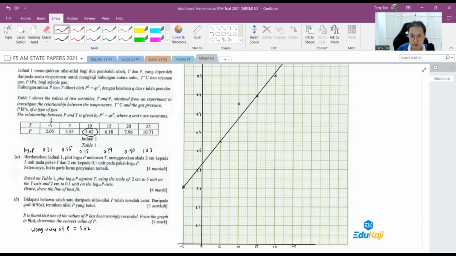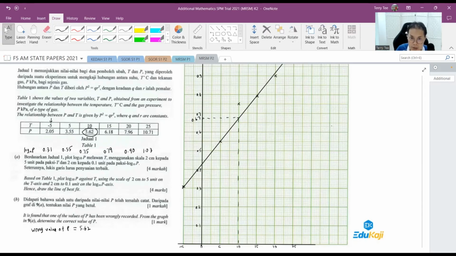Now, how do you find the correct value? Based on the line of best fit that I've drawn here, when your T is 10, I got 0.67. Maybe 0.68, 67 to 68.